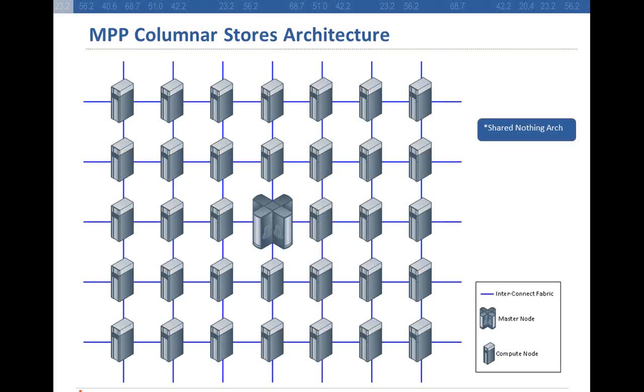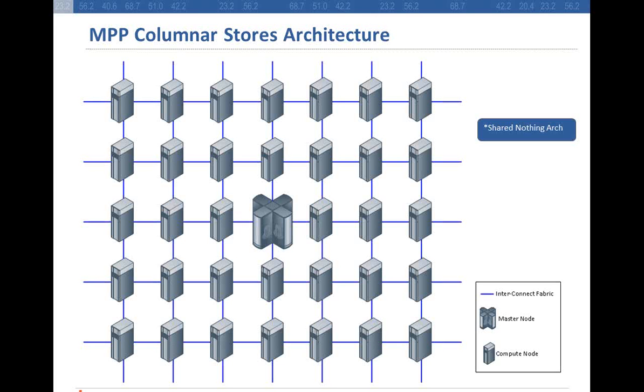Basically, this architecture consists of a cluster wherein you have the master or the leader node, the compute nodes, and then you have a network fabric that is known as the interconnect. The master or the leader node, which is seen in the center, typically could be anywhere, it's just for diagrammatic purpose.